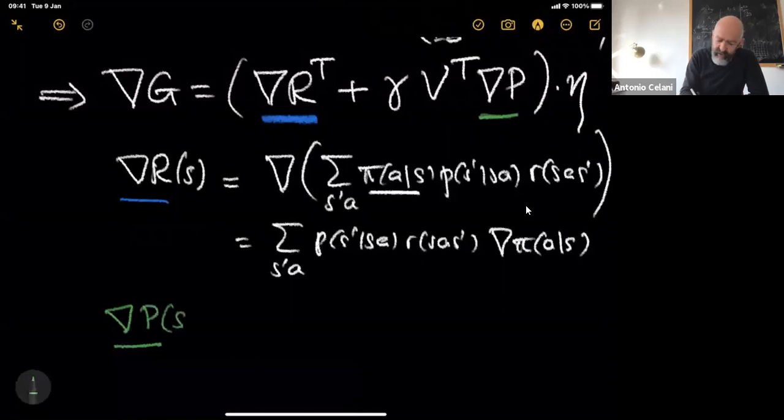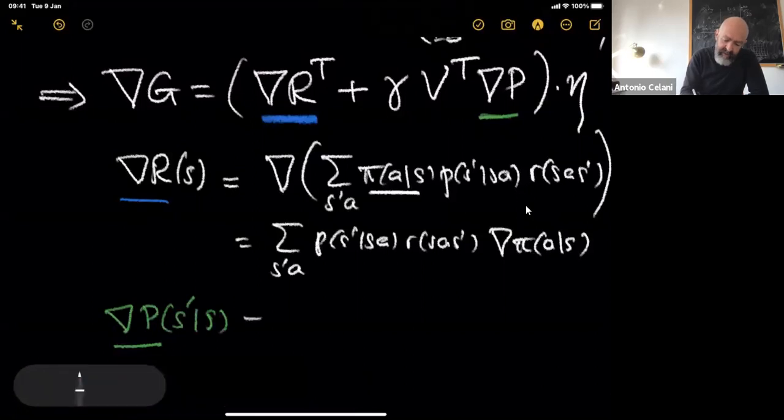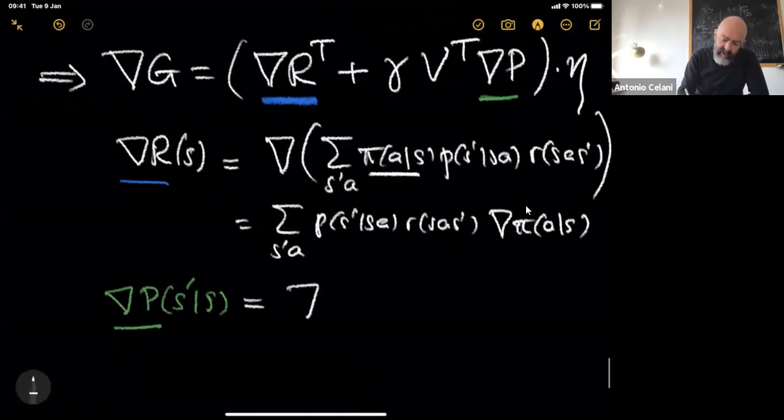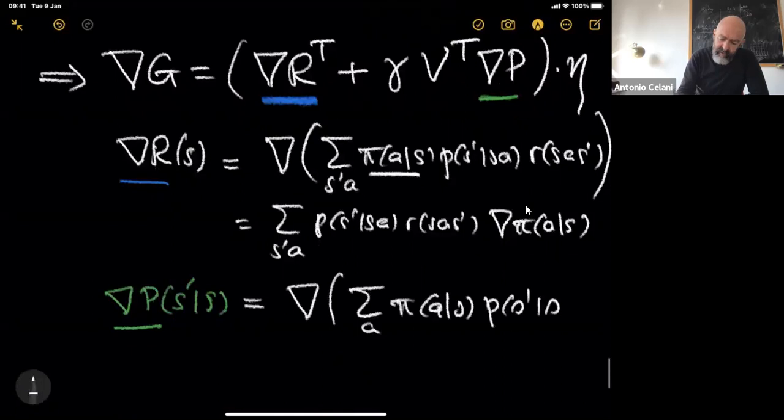This is an object which has two indices because it's a matrix. It's the gradient. How was this defined? It was the sum over all actions of all possible transitions.